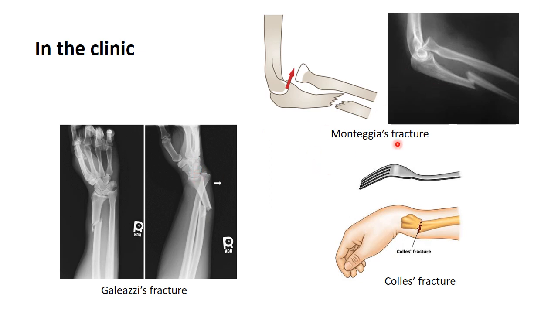The opposite to the Monteggia's fracture is called Galeazzi's. Galeazzi, again, an Italian scientist, named this fracture after his name. Galeazzi's fracture is a fracture of the distal third of the radius. Remember, this is the radius, an expanded distal end. We had the carpal bones that we've discussed.